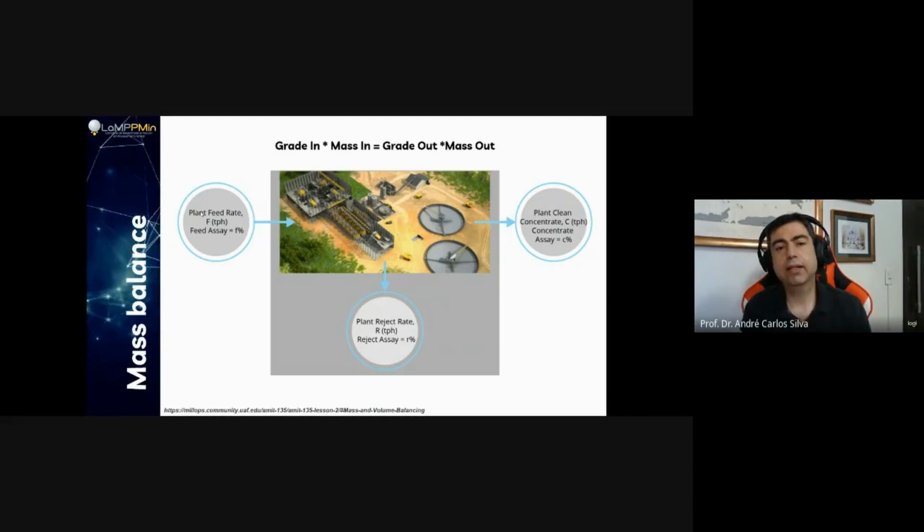How much hematite am I losing to the tailings? Because don't get me wrong, you're always going to lose some of your material in your tailings, just as you're always going to have a little bit of tailings in your concentrate, okay? And in the end, how much hematite do I have in my concentrate? So I have to couple the grades with the tonnage. And if I want to extend this, I have to couple with particle size distribution and particle tracking and so on.